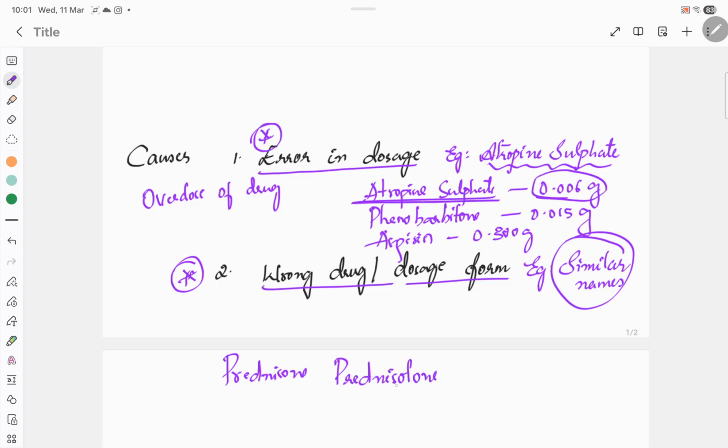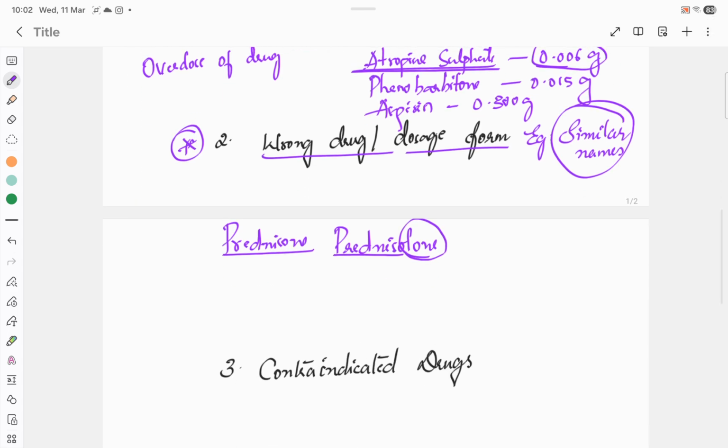Till here it is prednisone only, but with the 'lone' ending, it has to be seen correctly and then dispensed. And again digoxin and digitoxin. Like this, we have various examples where the names will be confusing.